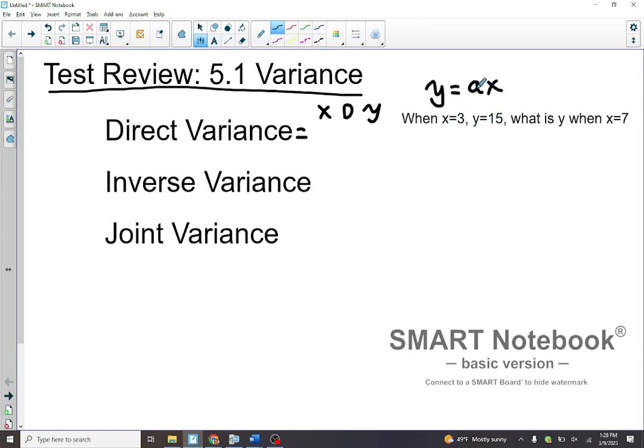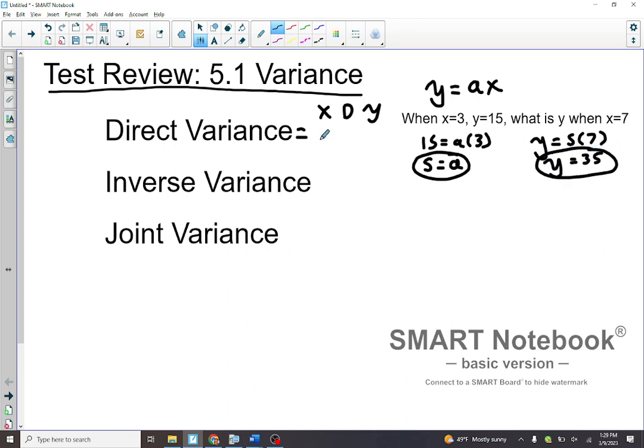So first you figure out what your a value is. 15 equals a times 3. Divide by 3 on both sides, 5 equals a. The first part's easy. Then I follow up with a new condition. So then you plug in 7 to solve for y. 5 times 7, y equals 35.